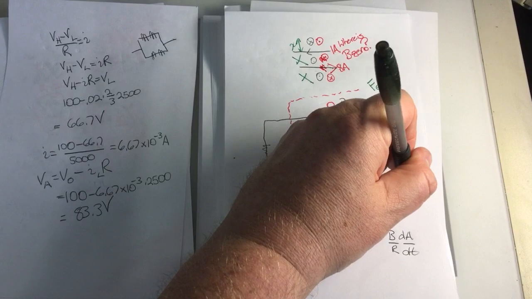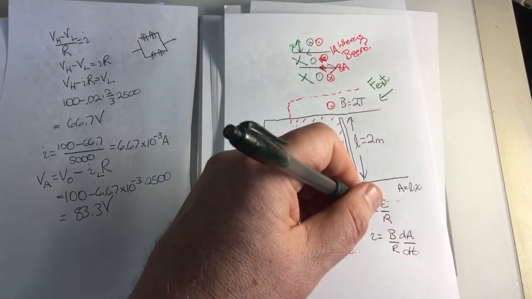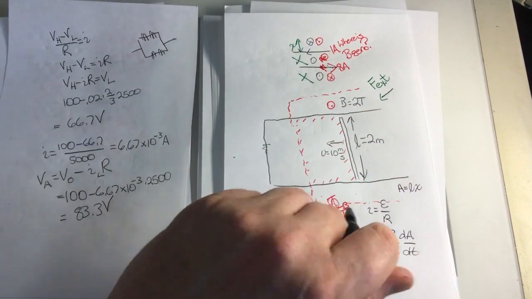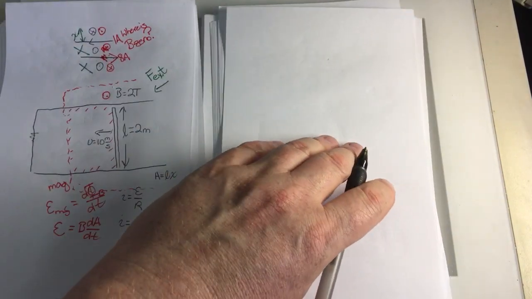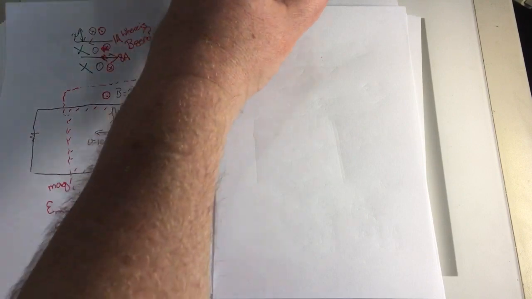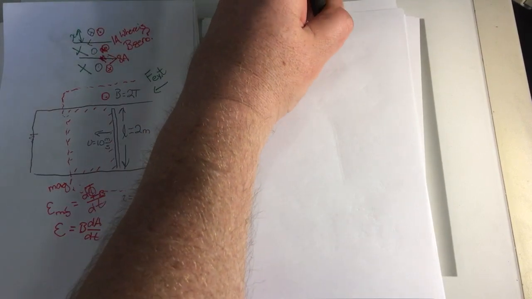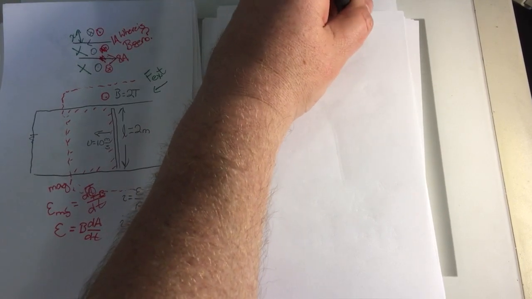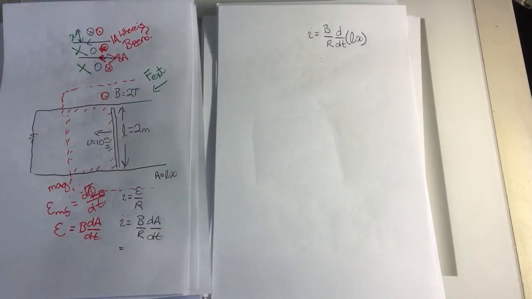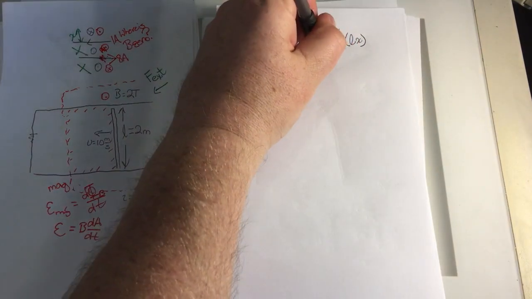Area is Lx. So this becomes this. Fine, we're using a little bit of differentiation or Cal 1, but you gotta do something with it.